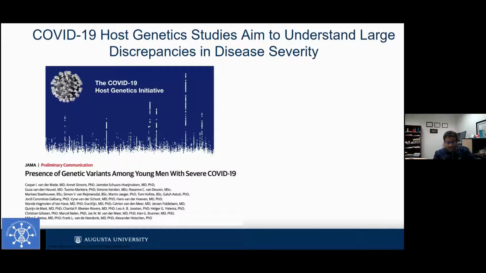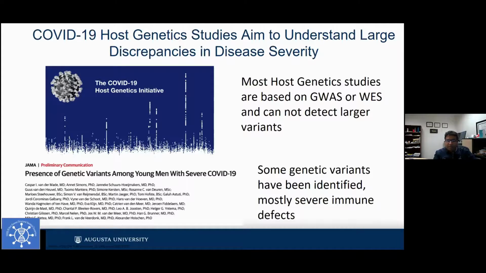And one of the challenges which we identified, based on the public information out of this initiative, is that these genetic studies are based on GWAS or whole exome sequencing, and they cannot detect larger variants.